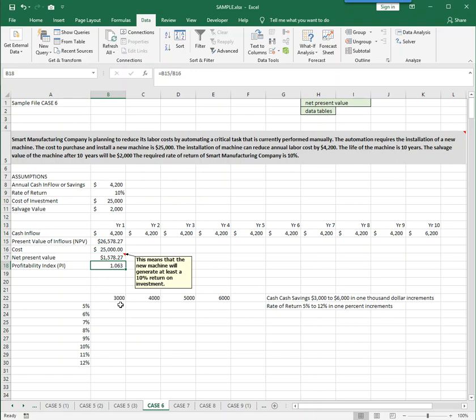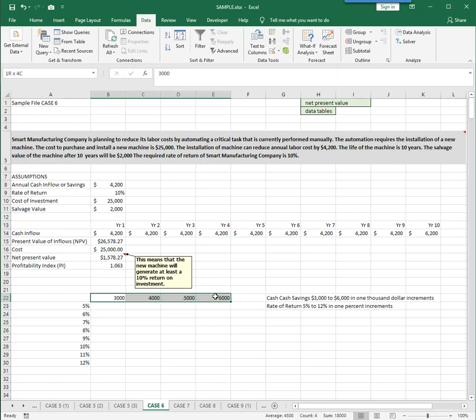Now, a data table is a form of what-if analysis. So what if the cash savings were $3,000 rather than $4,200? What if the cash annual savings were $4,000, $5,000, $6,000? So we're playing around with the original assumption values in a data table.